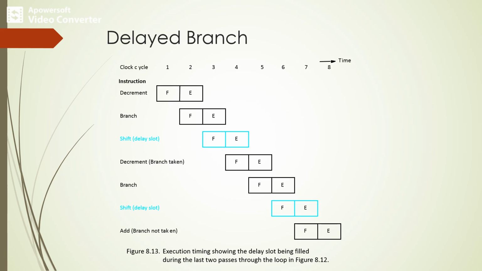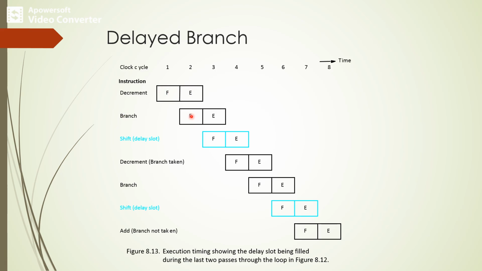Delayed branch instruction. Execution timing showing the delay slot being filled during the last two passes through the loop in the figure. Here we can observe that we have some set of instructions, in order to decrement the value, fetch phase and execution phase, and branch, fetch phase and execution phase.